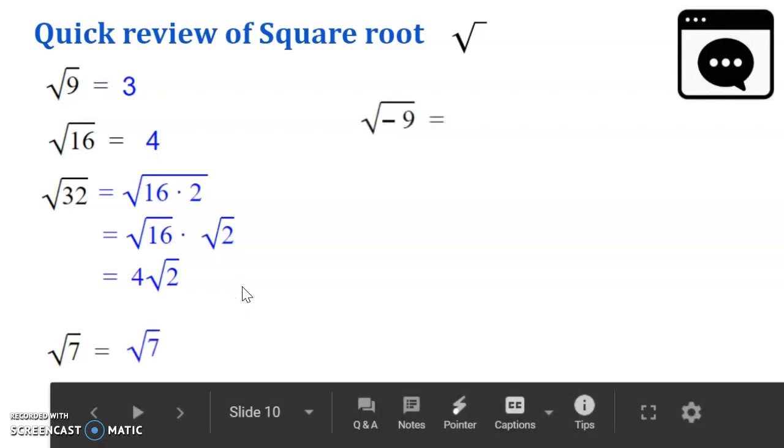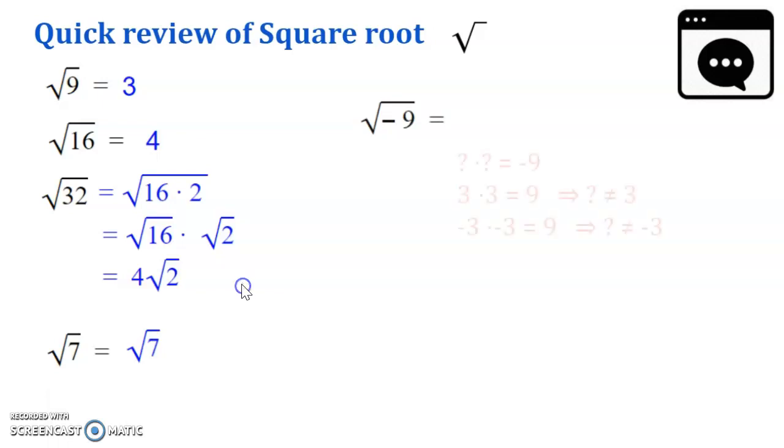We also learned that square root of negative 9 is, we're looking for a number that multiplies by itself to give negative 9. Well, 3 times 3 is positive 9, so that number cannot be 3, and negative 3 times negative 3 is also 9, so that number cannot be negative 3.